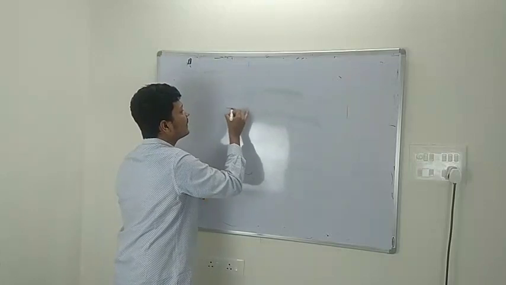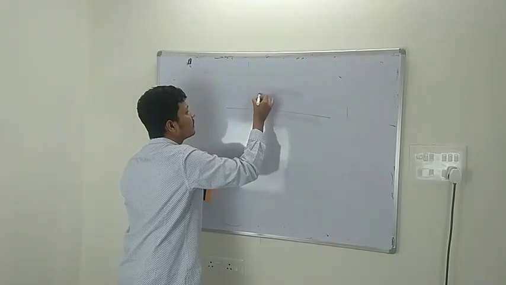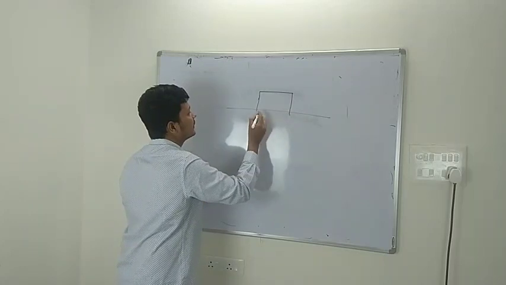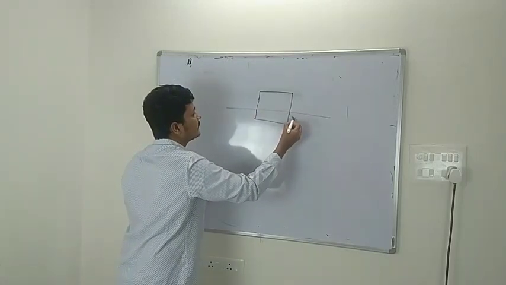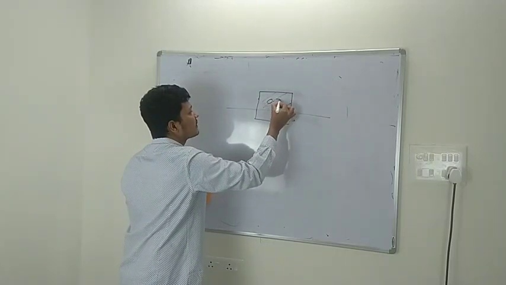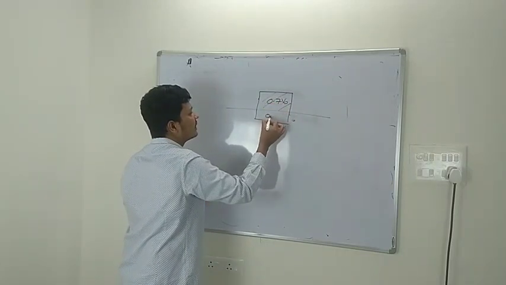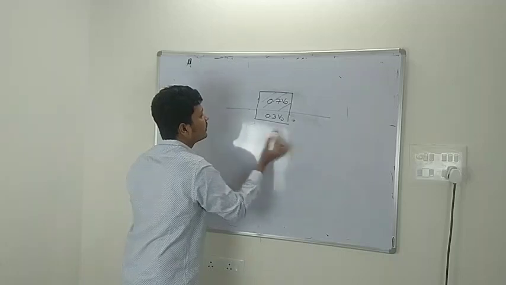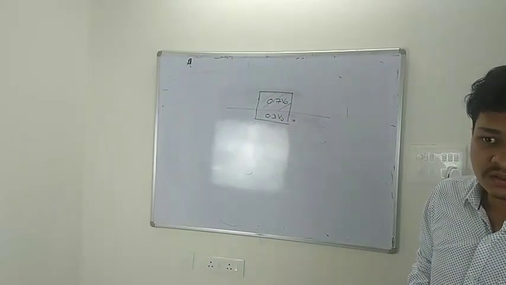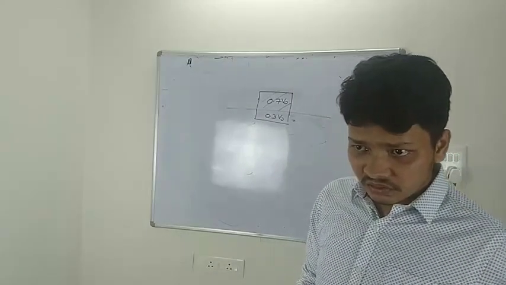You have a cubical block and 30% of it is inside the water. Let me take this as 0.7 V naught above and 0.3 V naught in the water.